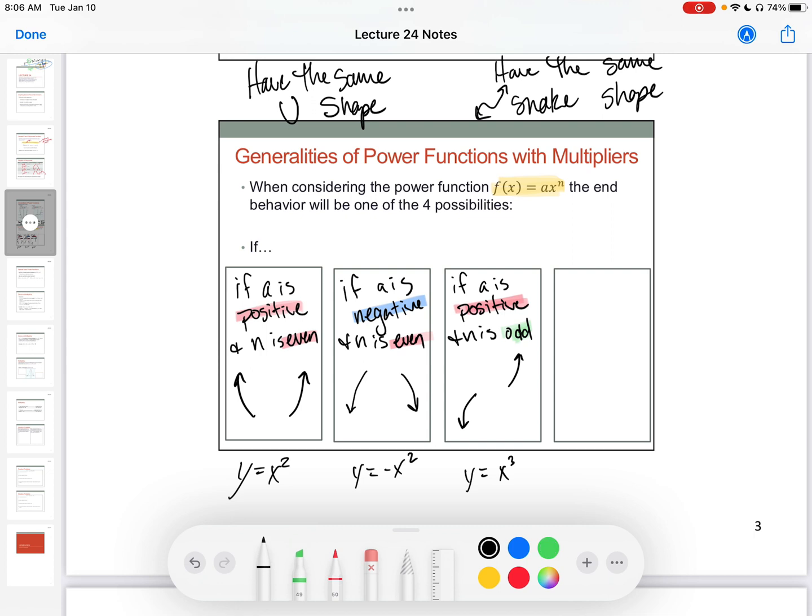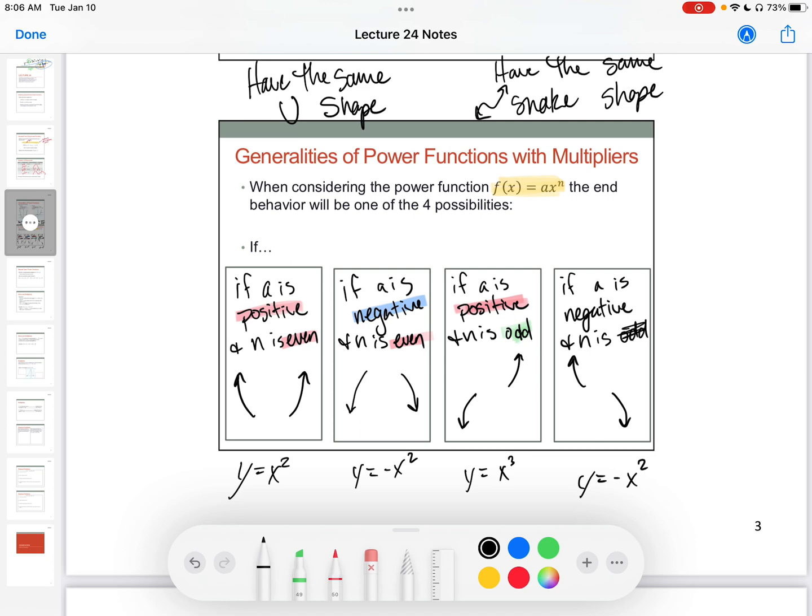And then we have one more possible outcome, and that would be if a is negative and n is odd. Well, we know if there's a negative, that just causes this thing to flip vertically. So your end behavior would look like this.